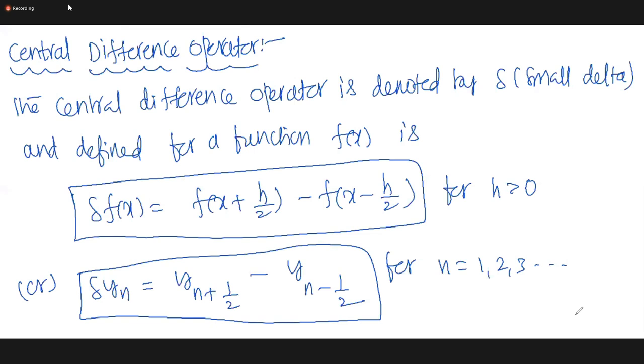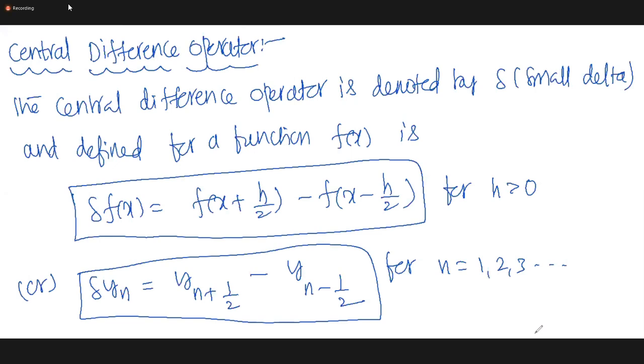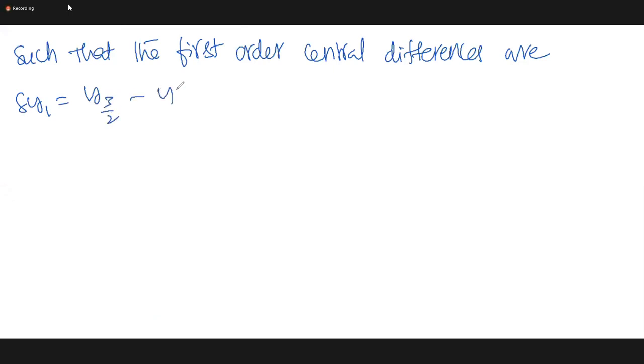So small delta y1 is equal to y 1 plus 1 by 2, that is 3 by 2, so y 3 by 2 minus y 1 minus 1 by 2, that is 1 by 2. Small delta y2 is y 5 by 2 minus y 3 by 2, like this.